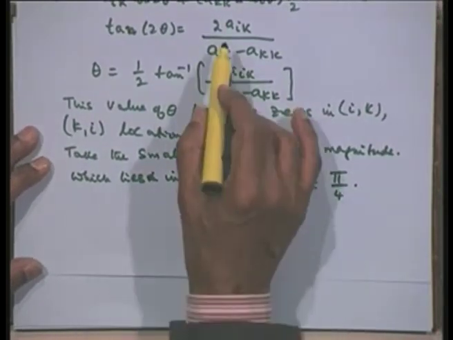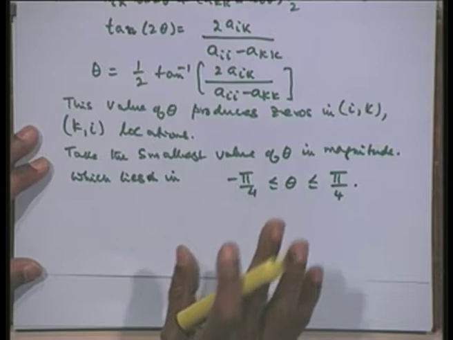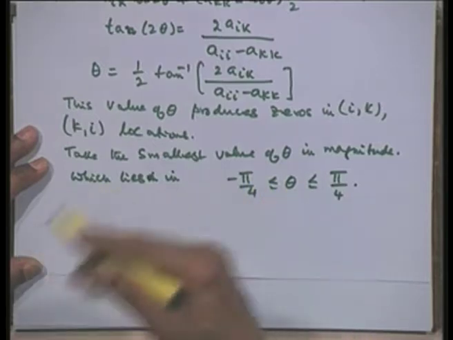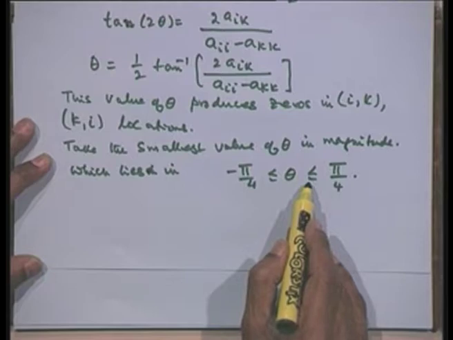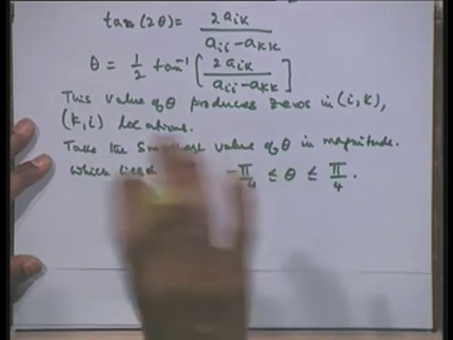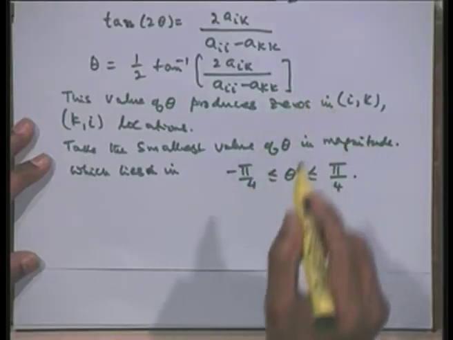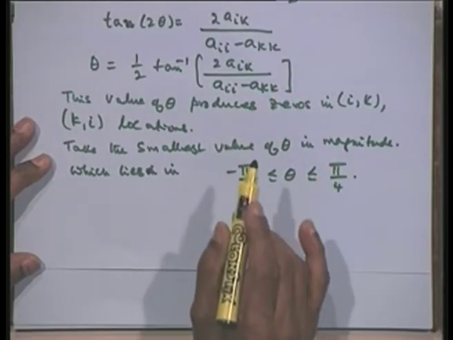It has actually 4 values, of which we will take the smallest rotation possible, because we are going to do rotation after rotation so that we bring the entire matrix to the diagonal matrix. So, we would like to choose the smallest rotation in the plane. That means, in a plane we are rotating the given system, again rotating the system, maybe in the positive or negative directions, a number of times, so that A is reduced to D.